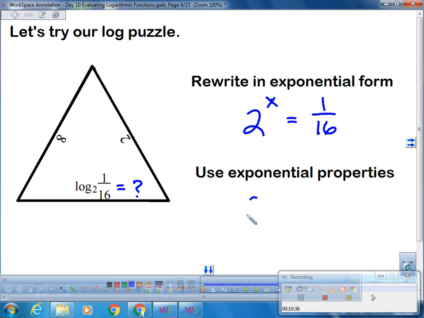Okay, let's do that. Because 2 to the x equals 1 over 2 to the what makes 16? 4. But I still don't have common bases because this one's in the denominator and this one's in the numerator. So how do I change this one so that it's in the numerator? Change the exponent to negative.